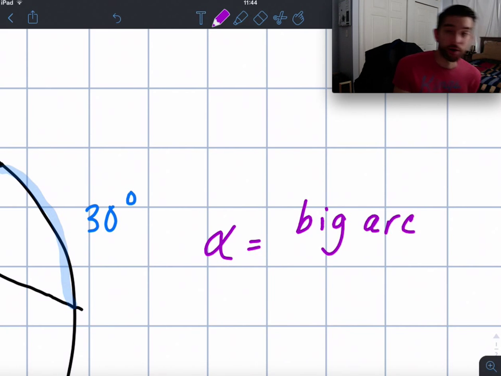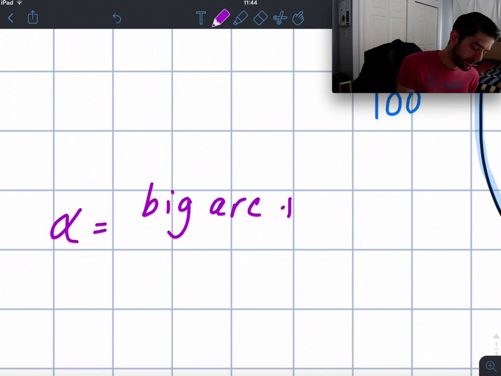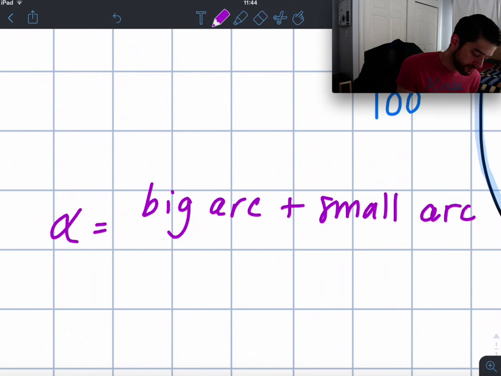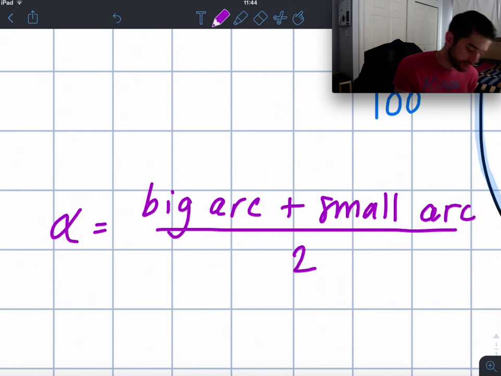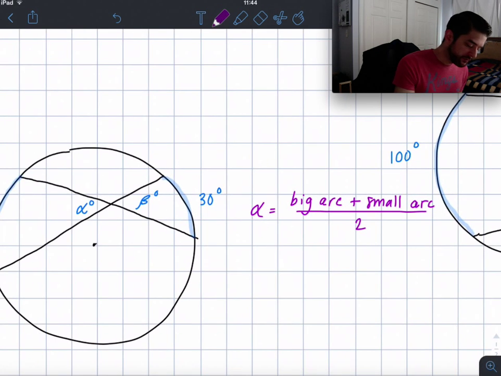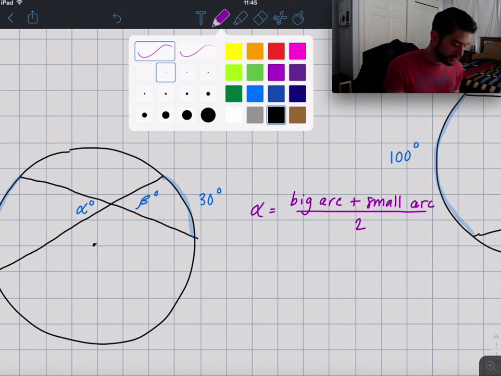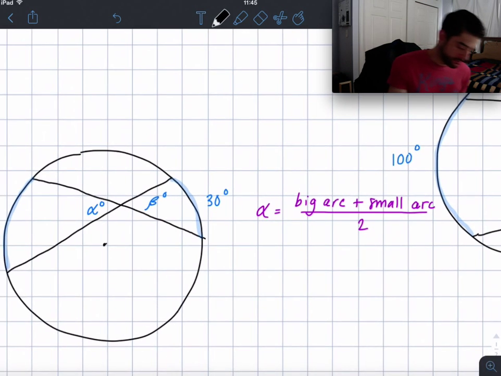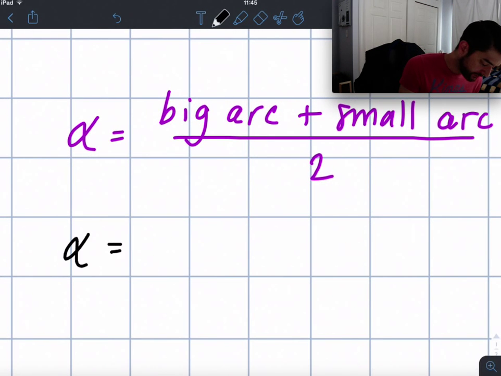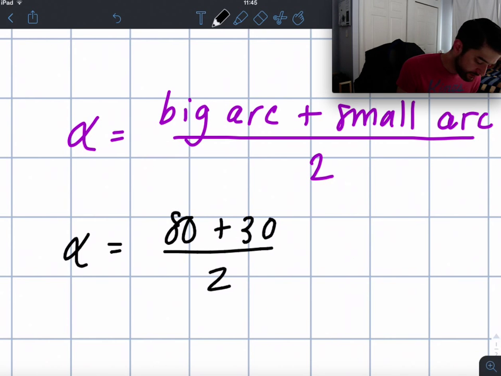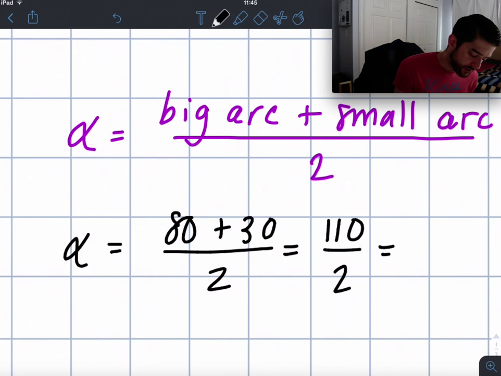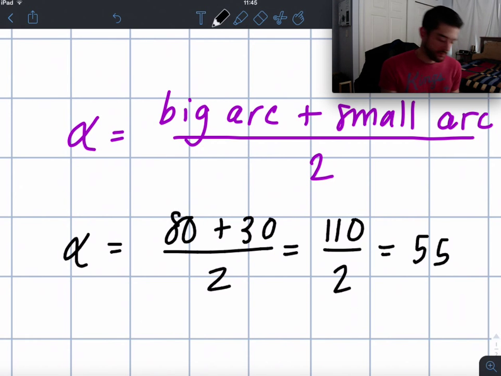Or I should say bigger arc measure plus small arc measure, and divide by 2. For this particular example, it's 80 plus 30. So alpha is equal to 80 plus 30 divided by 2, or 110 degrees divided by 2, or 55 degrees.